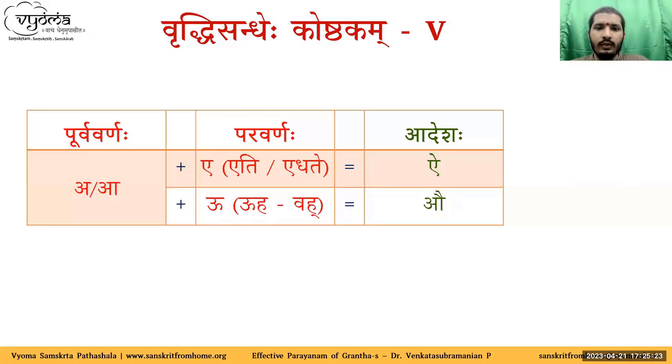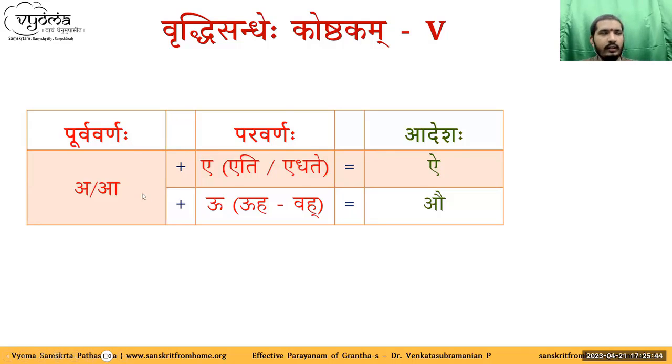So here the 5th rule is, if the Purvavarna is A or Aa, and if the Paravarna is Ekara, that is Eti or Edhate, then the Adesha will be Aikara in the place of Purvavarna and Paravarna.